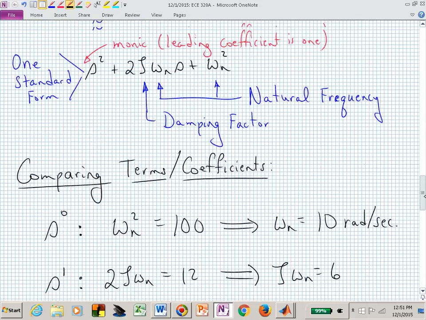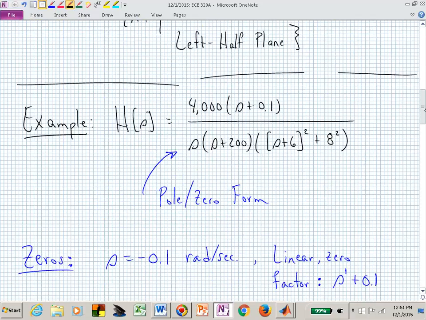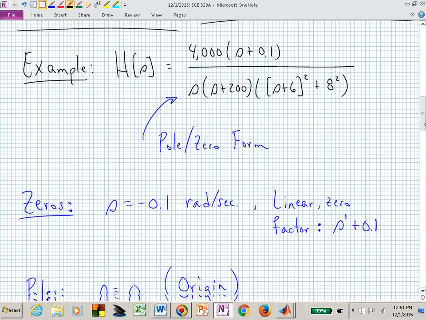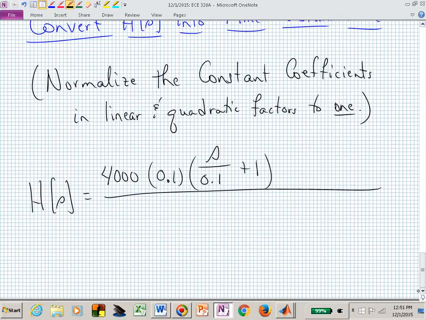That's just converting this numerator into time constant form, factoring out the 0.1 to give us a constant of 1. We don't have to touch the pole at the origin, but we do have to touch the other two. The one had a pole at minus 200, so we factor that out. And the other one had a natural frequency squared of 100. We have to factor that out.